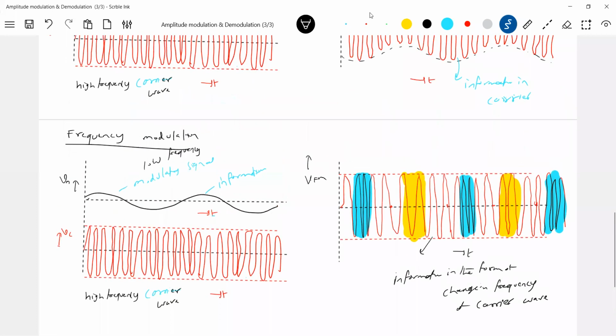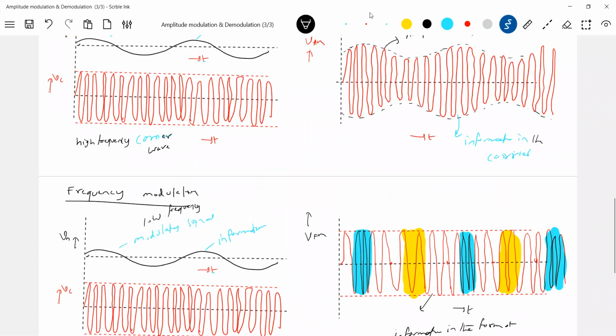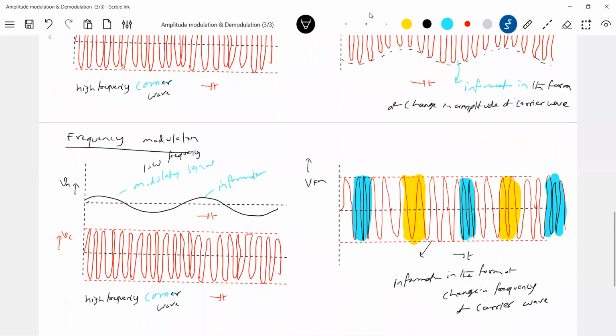Earlier, how much amplitude? Same thing. Whereas in amplitude modulation, information is in the form of change in amplitude of the carrier wave. Okay, this is called a frequency modulated wave.